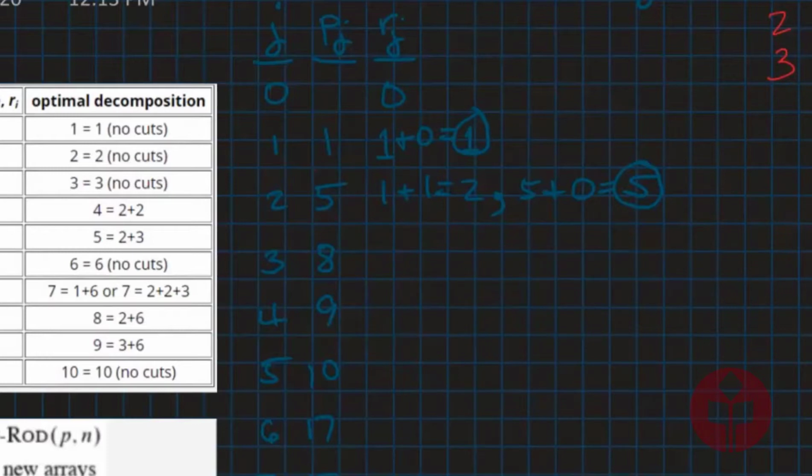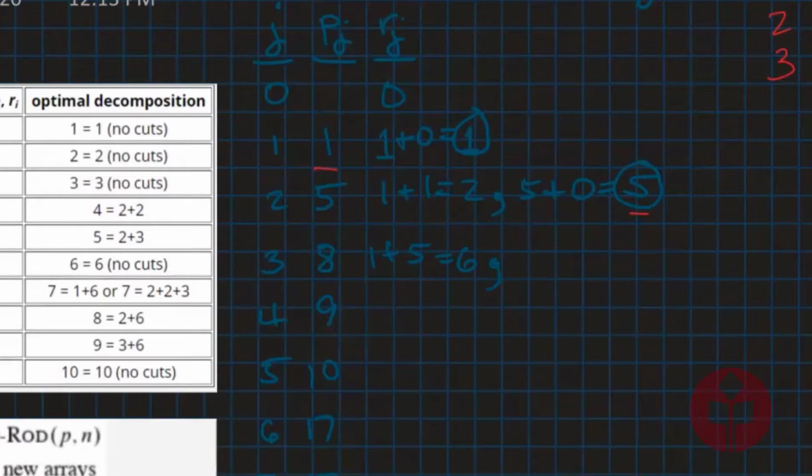So that's row 1. And since we're in row 3, the optimum revenue that we're going to add to the price sub 1 is going to be the optimum revenue on the previous row. So that's the 5 over here. That means the first sum we're going to calculate is 1 plus 5, which is equal to 6.